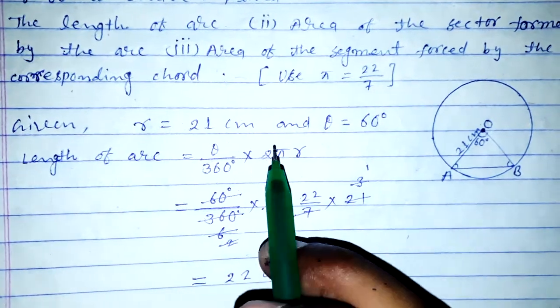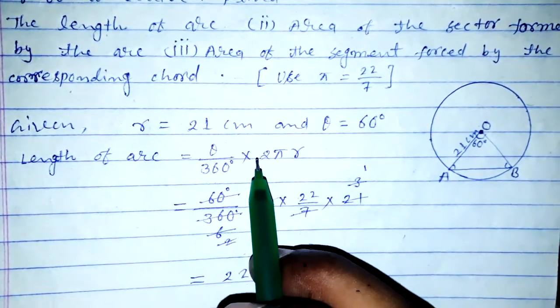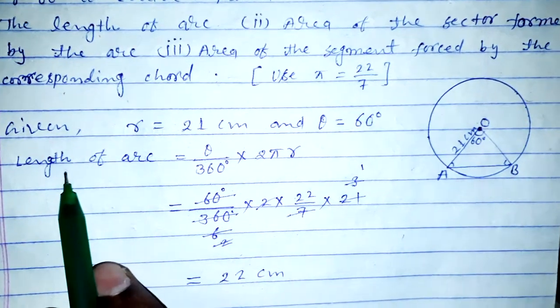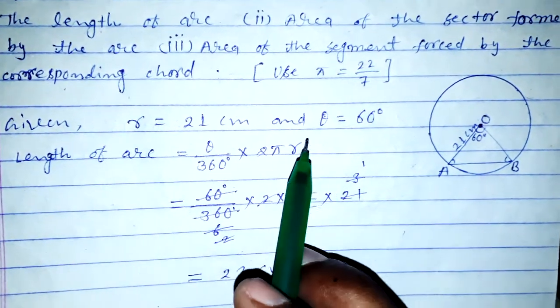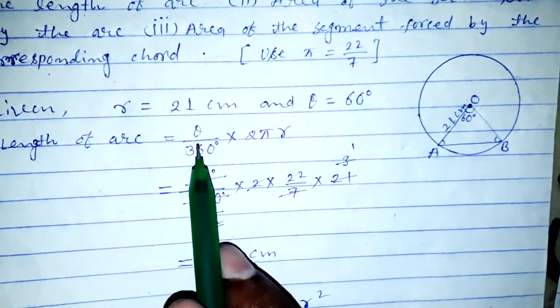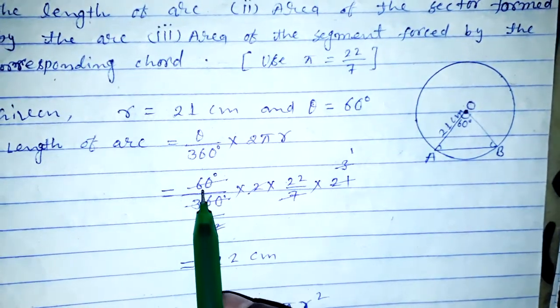So the length of arc formula is theta upon 360 degree into 2 pi r, because here it is the length, but if it is area, then it is pi r square. So 360 and theta is 60 degree.